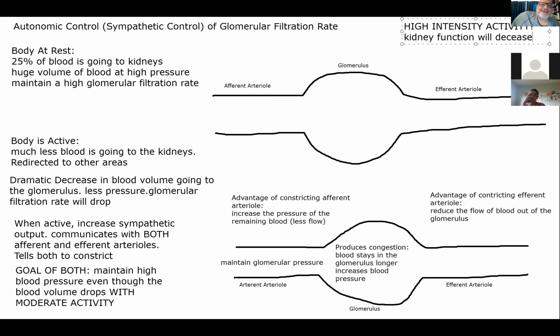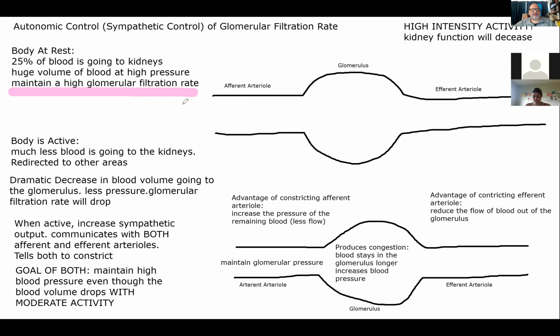So like I said, on the surface, it doesn't seem to make sense that it would be the sympathetic nervous system that's in control. But remember, at rest, our kidneys are getting all the blood that they need to do their job. So it doesn't really take parasympathetic input to tell it, hey, do your job. It's getting all the blood it needs, nice large volume, nice high pressure, and it's doing everything it needs.